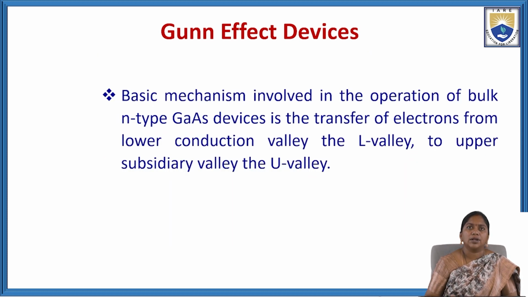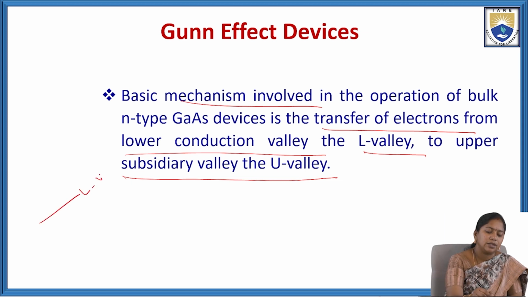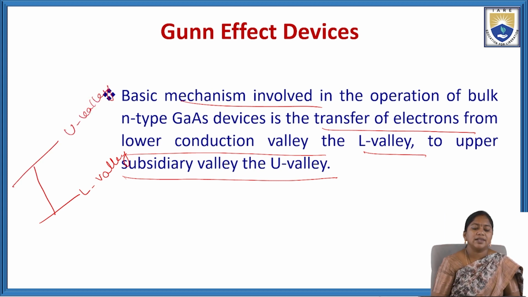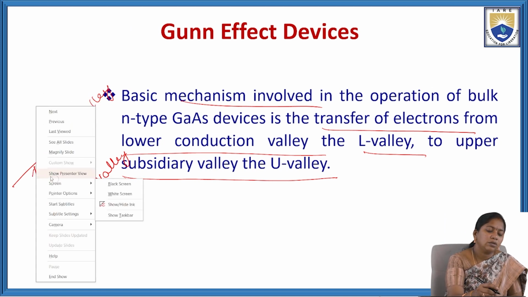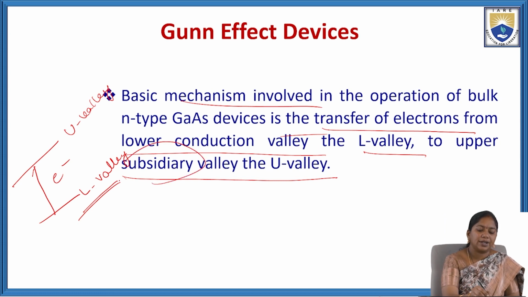The basic mechanism involved in the operation of bulk N-type gallium arsenide devices is the transfer of electrons from the lower conduction valley, that is called L valley, to the upper subsidiary valley, that is called U valley.